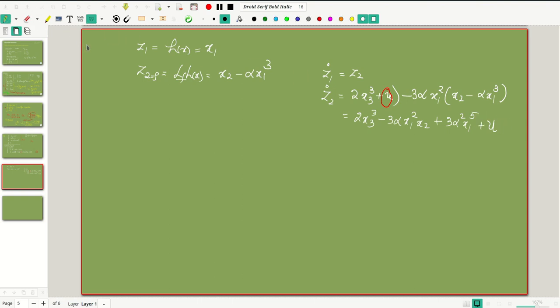What is the u that linearizes the system? u is equal to 1 by g, here g, whatever beta x is here, is equal to 1, so 1 into this is v minus of 2x3 cube plus 3 alpha x1 squared x2 minus 3 alpha squared x1 raised to 5.